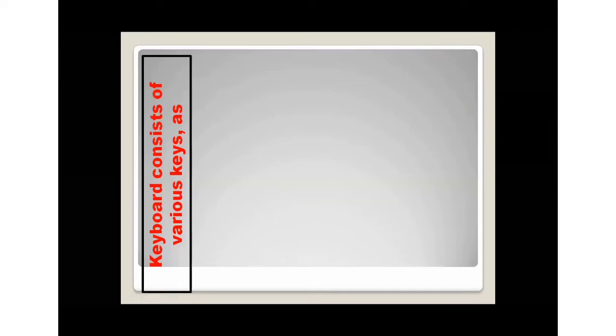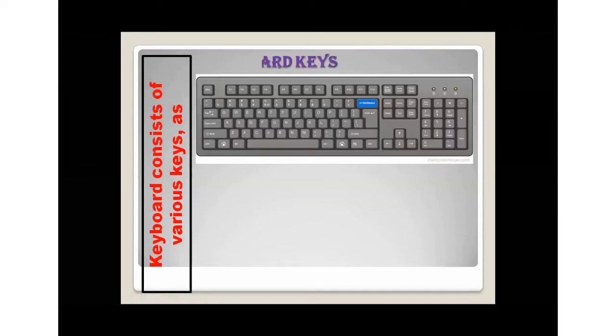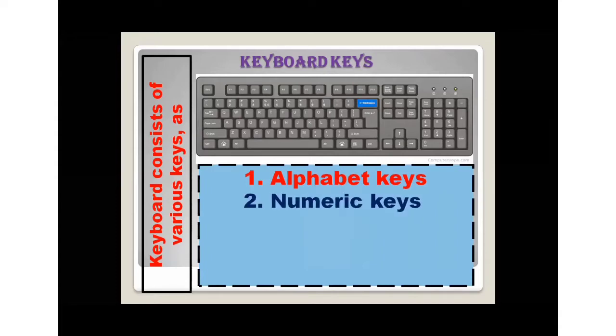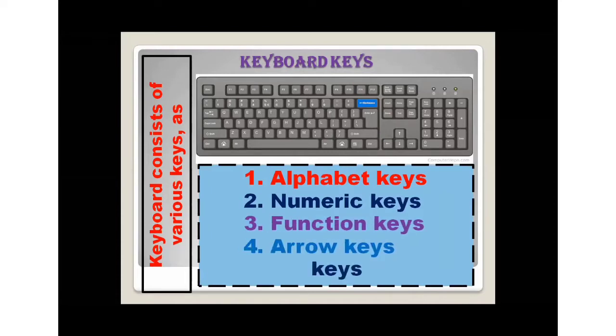First are alphabet keys, second are numbering keys, third is the function key, and fourth is the arrow key. One more is there, the special key.